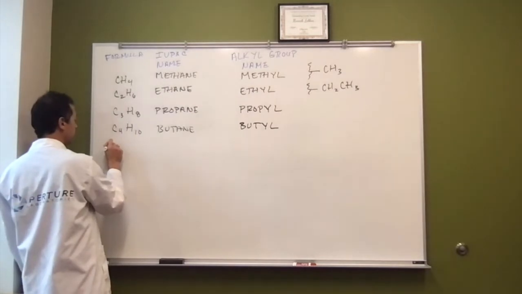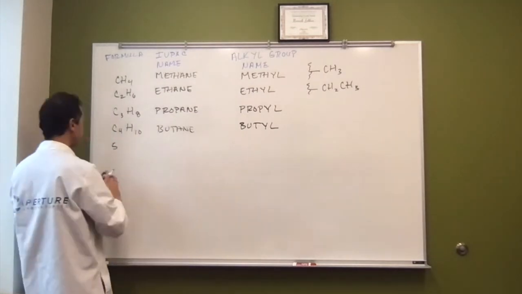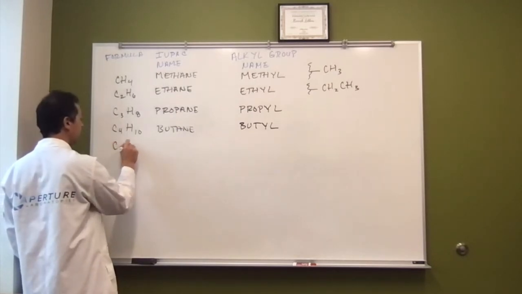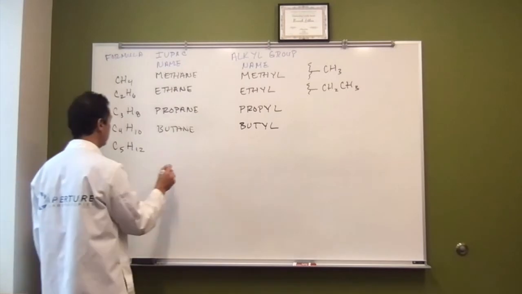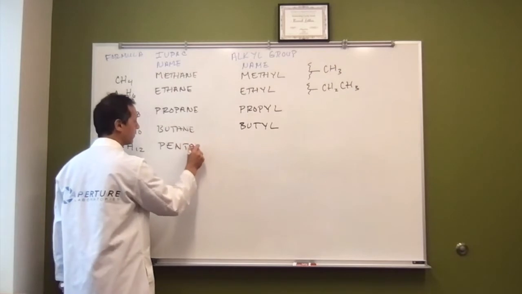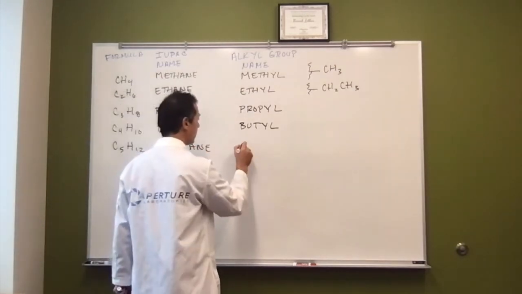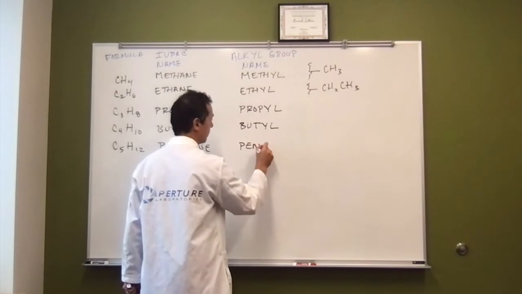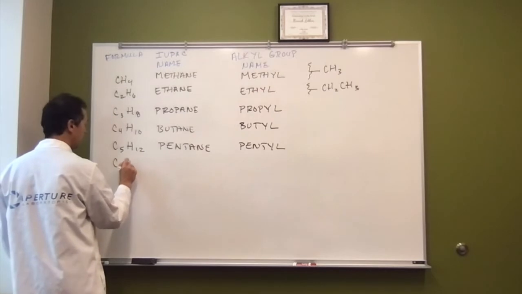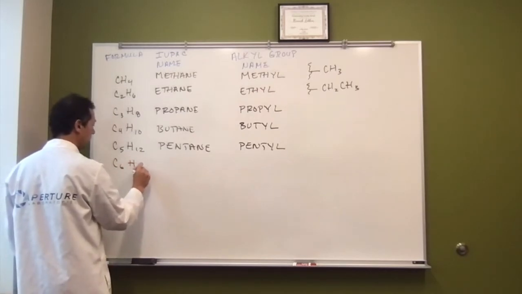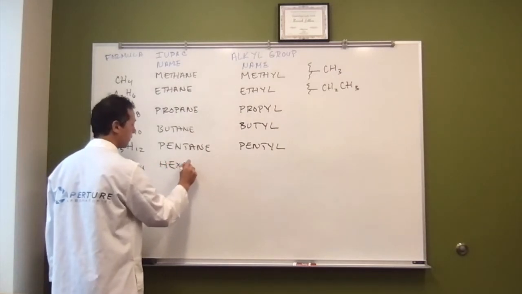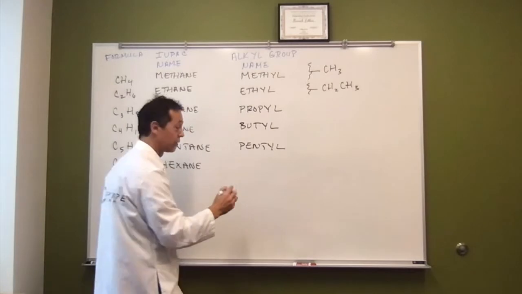And then C5H12 becomes pentane, and pentyl. And then C6H14 becomes hexane, and hexyl.